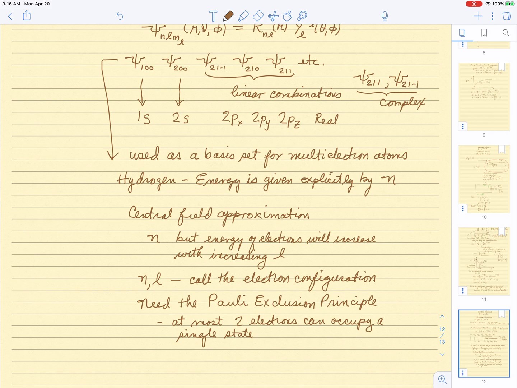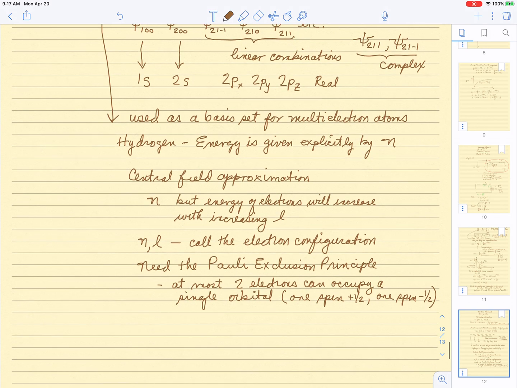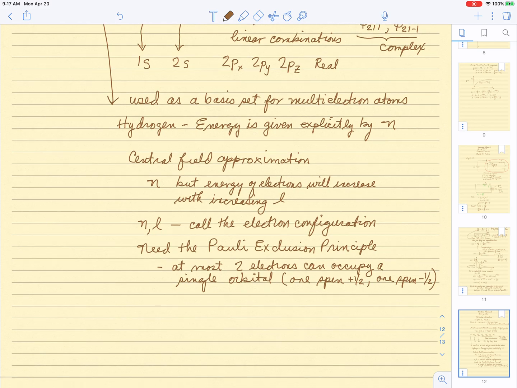Well, I should actually not use the word state; I should say in this case a single orbital: one spin plus 1/2 and one spin negative 1/2. So in any one orbital, there can only be 2 electrons.